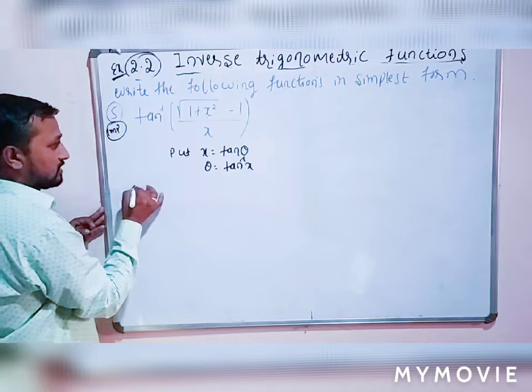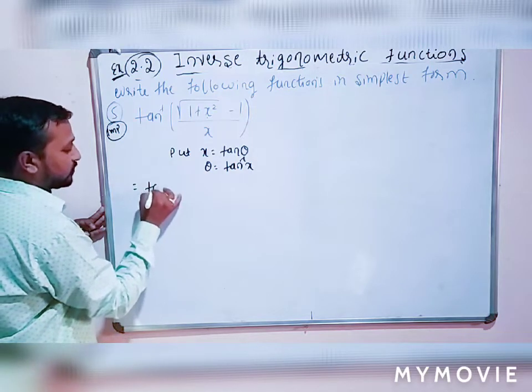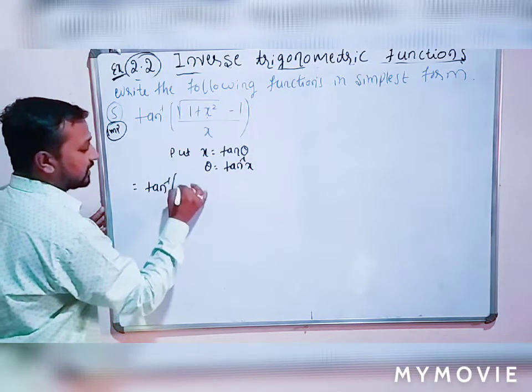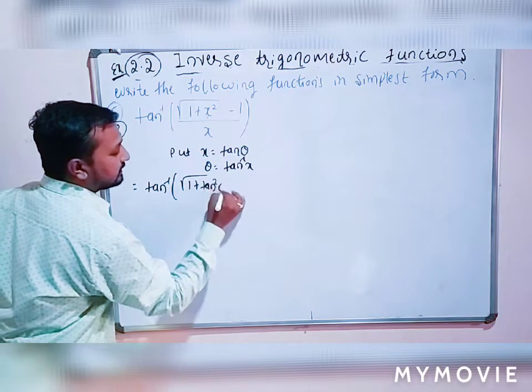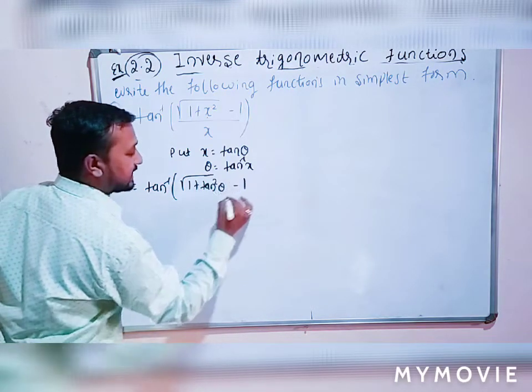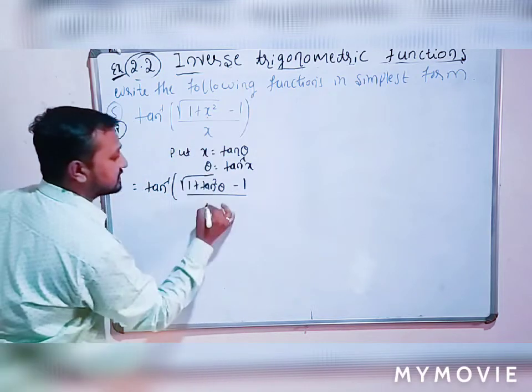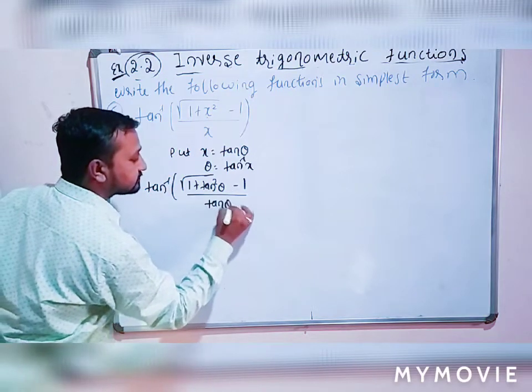This is a very important example. It is tan inverse of root of 1 plus tan square theta minus 1, the whole divided by x, which is tan theta.